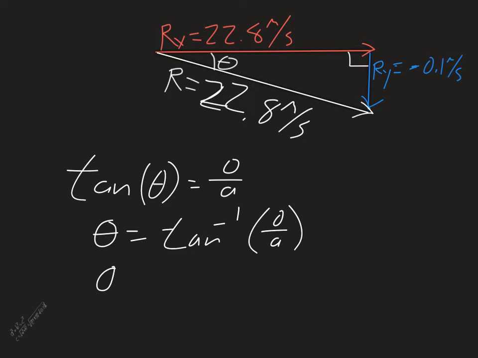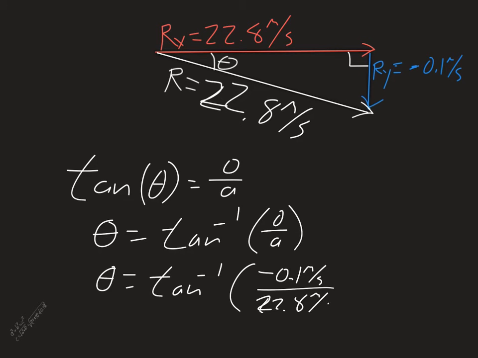So now we can say that theta is equal to the inverse of tangent of our opposite, which is -0.1 meters per second, divided by 22.8 meters per second. And actually I can drop the meters per second because it's meters per second divided by meters per second, which means they're worthless.